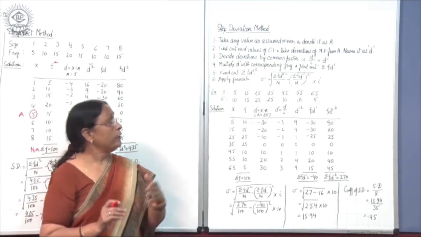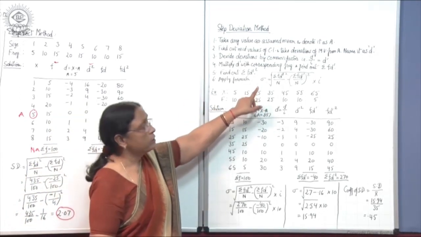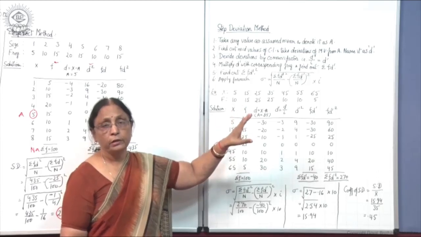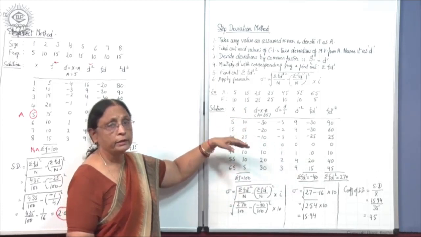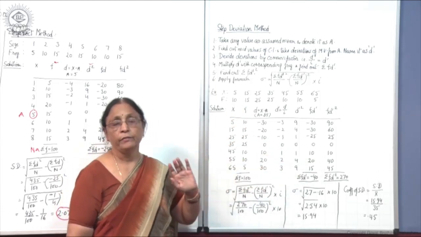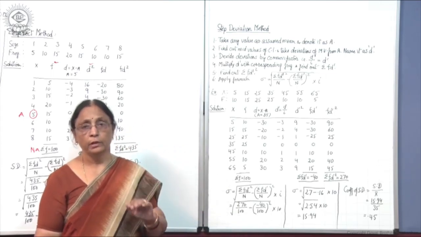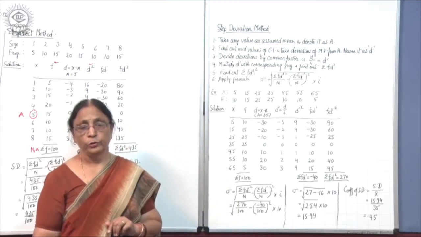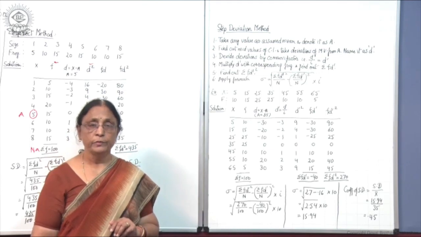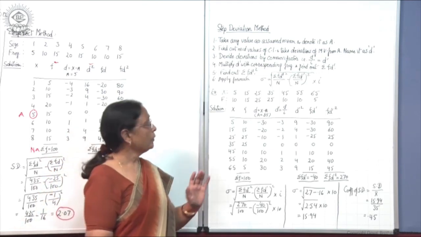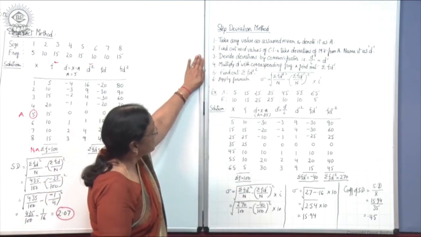In that case, we divide the values with a certain common factor or class interval, and then in the end we multiply the value with the same class interval, so that calculation becomes easier. So let us see what are the steps here.